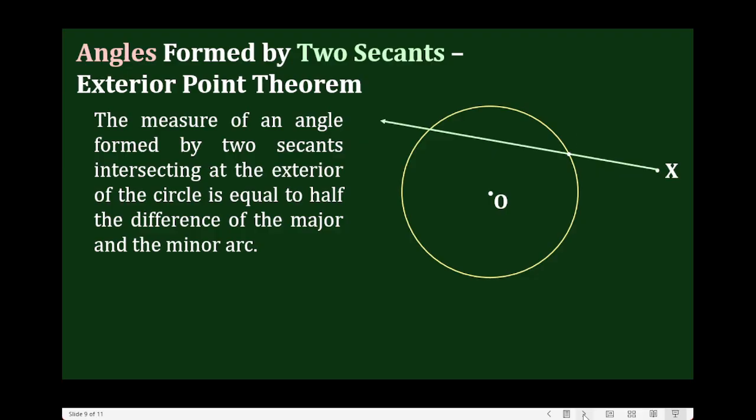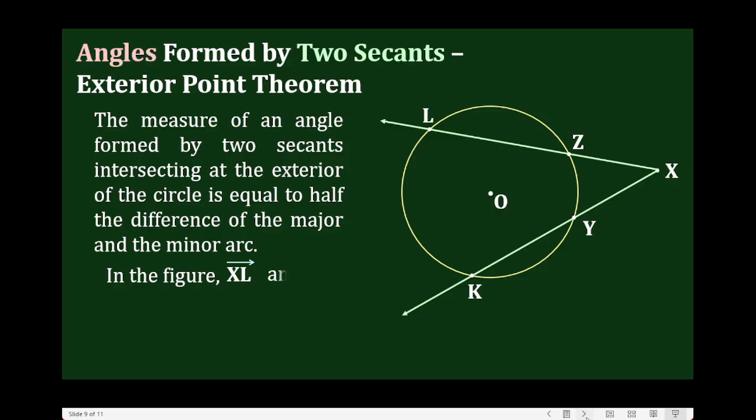One is passing through point Z and point L. And another secant from the same external point X goes this way and cuts the circle at these 2 points, Y and K. From the figure, ray XL is this one, and ray XK is this one.